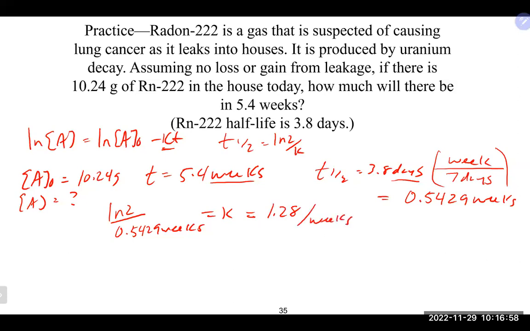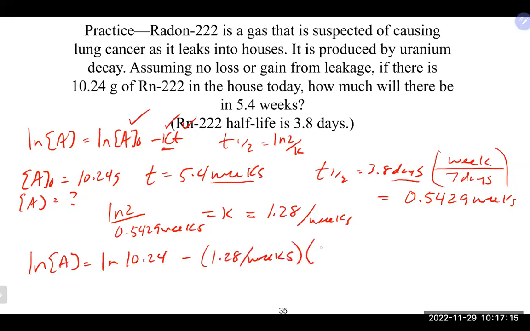Any questions on that there? Now that we have that, we do have everything on the right-hand side here to plug in. So that gives us the natural log of our initial minus our 1.28 per week. And since I converted it to weeks, that will cancel out nicely with the weeks that are here. Otherwise, you might want to convert the weeks to days, whichever way you want to do it.